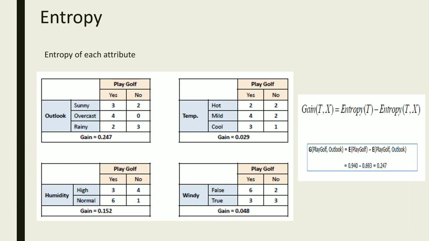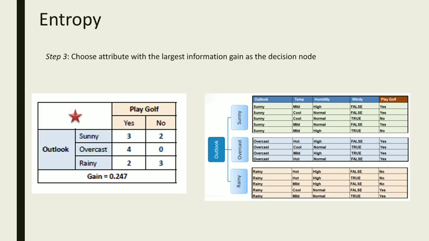You can calculate the values with pen and paper. Take the formula of the entropy, or you can use calculators on the internet which directly give you the entropy when you put the values in. So we are finding the gain of each attribute with the target variable as playing golf.